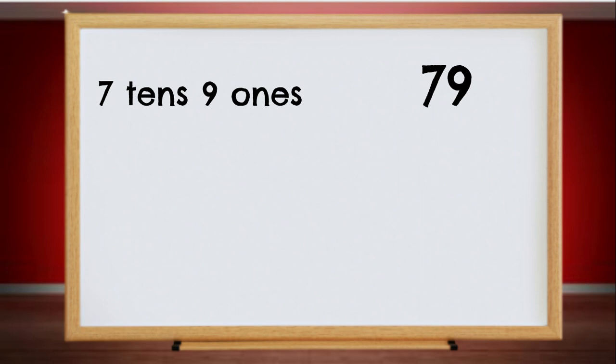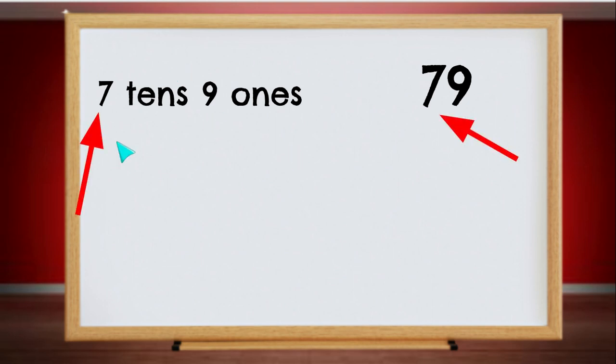Now look at this, boys and girls. Sometimes instead of numbers, we have words. 7 tens, 9 ones, and 79. Now, thinking about the greater than and less than is the same process. We look at our first digit, which is the tens.